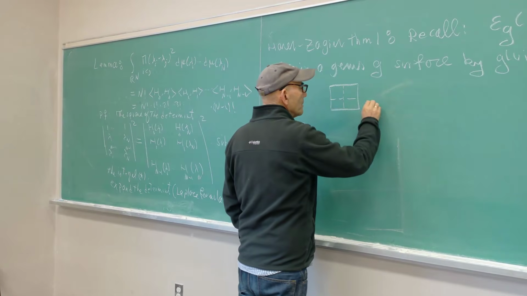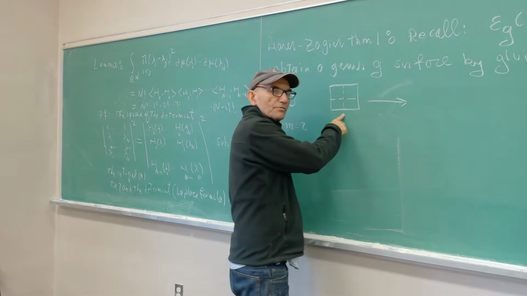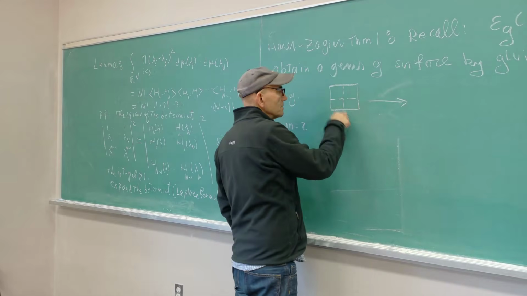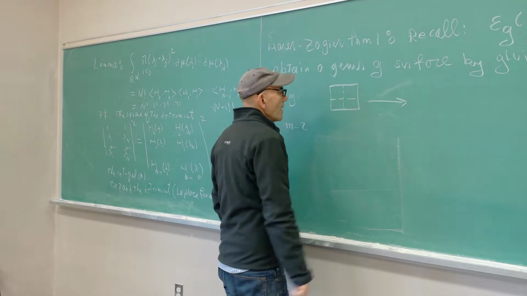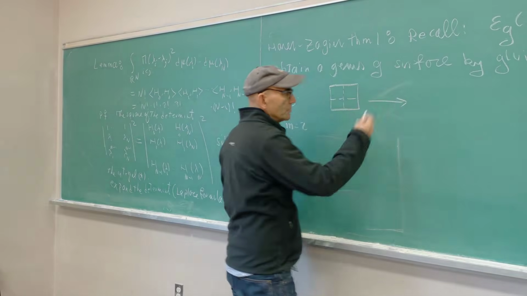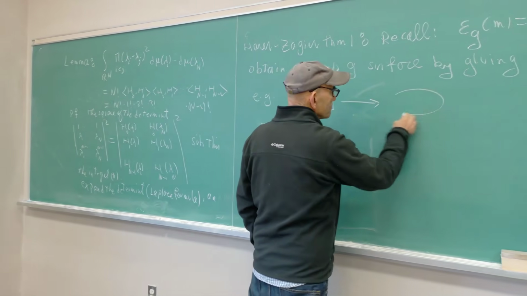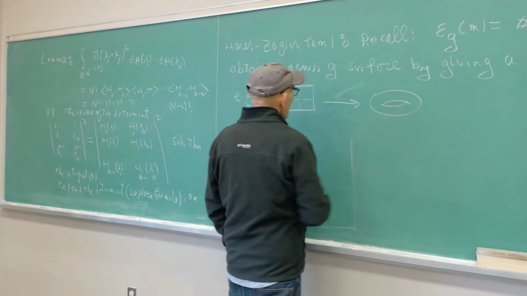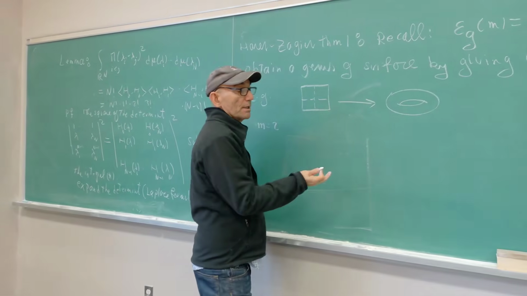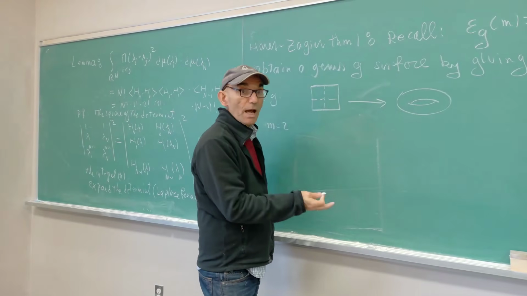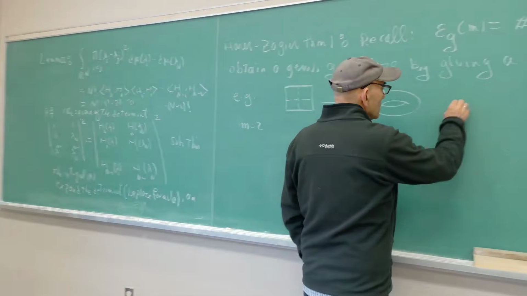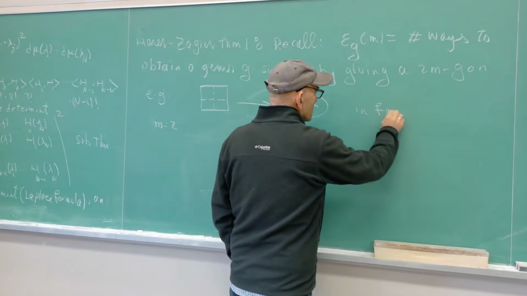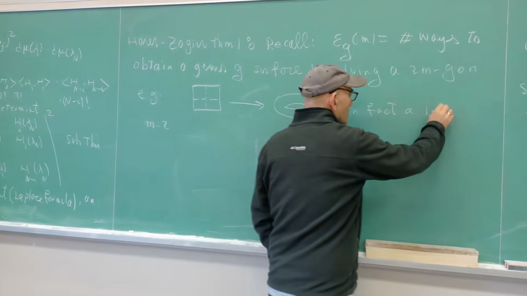If we glue across the edges like this, then we do get a torus. And in fact, we get more than a torus: we get a one-face map.